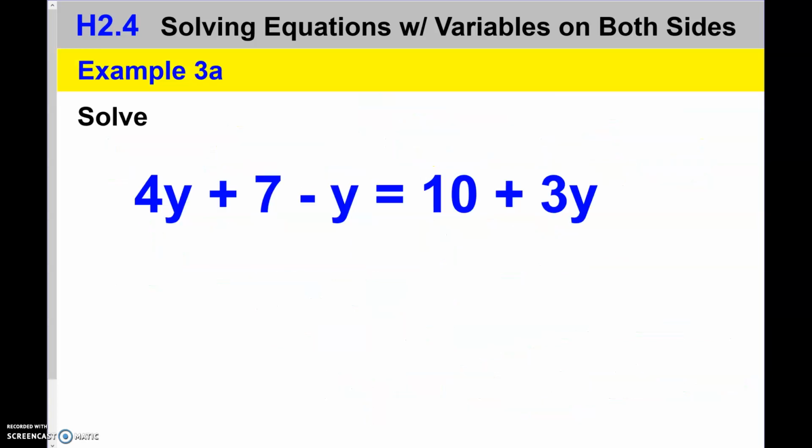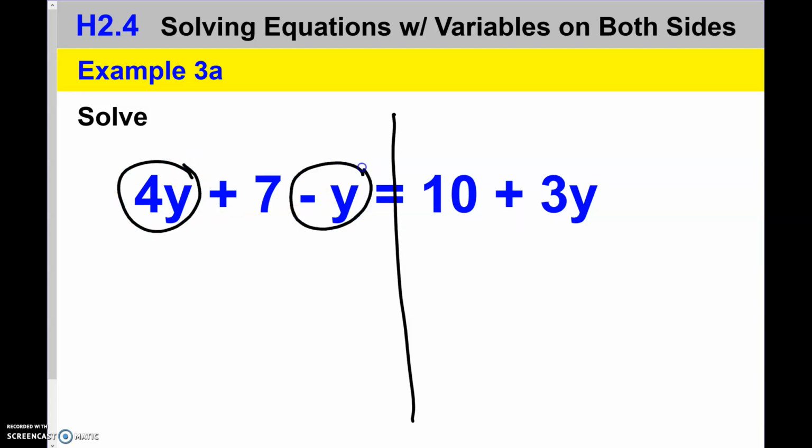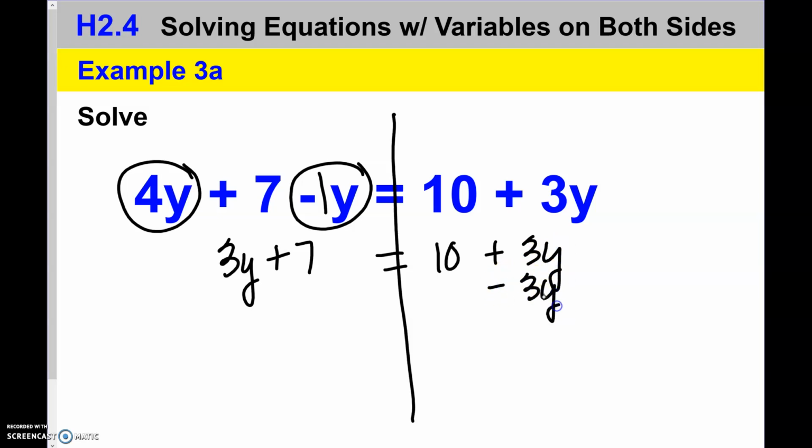All right, let's try another one. 4y and y, they're on the same side, so I'm just going to combine. 4y minus 1y is 3y, and I still have my plus 7. All right, over here, it looks like I have 10 plus 3y, and some of you can maybe answer right now, but we can get our letters together, so I'm going to subtract 3y from both sides.